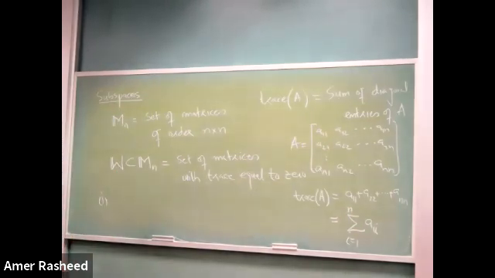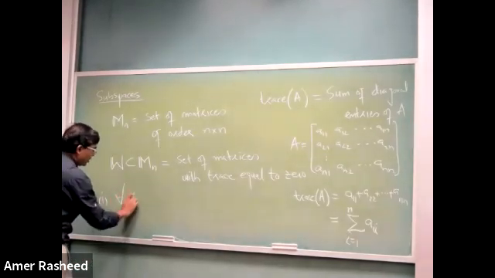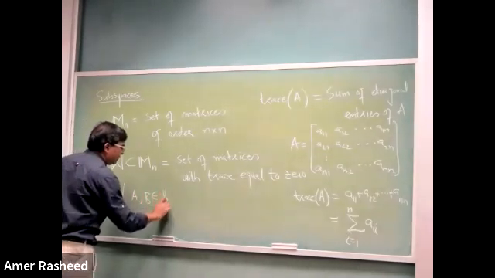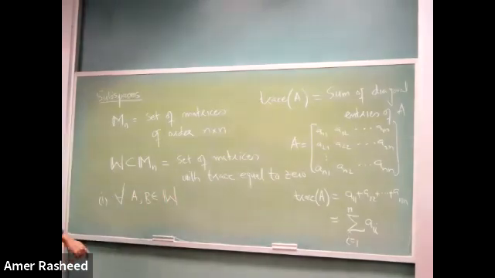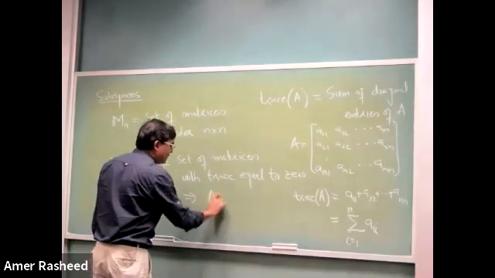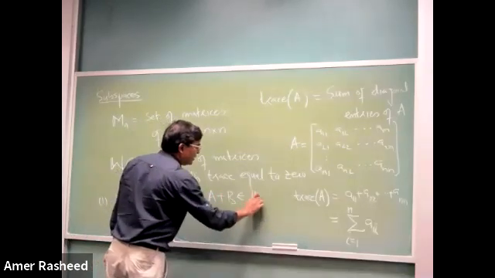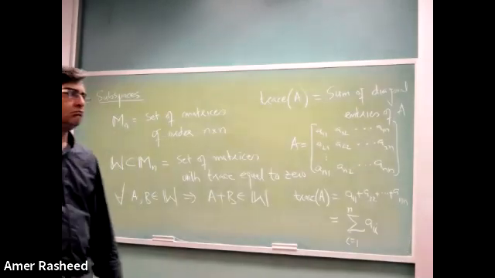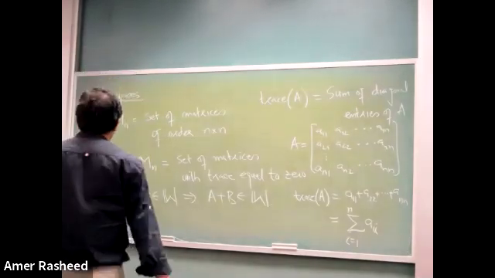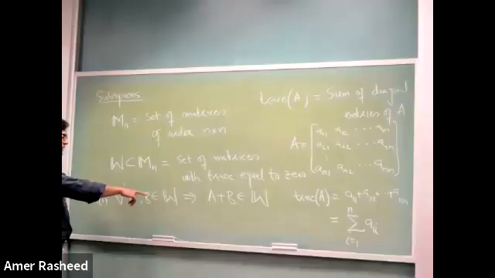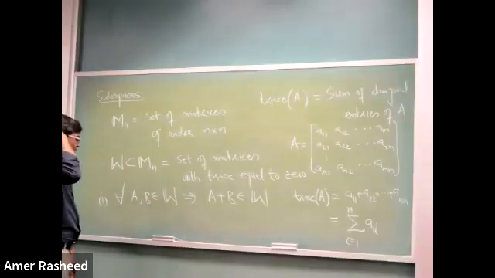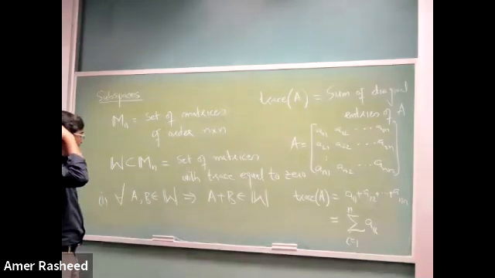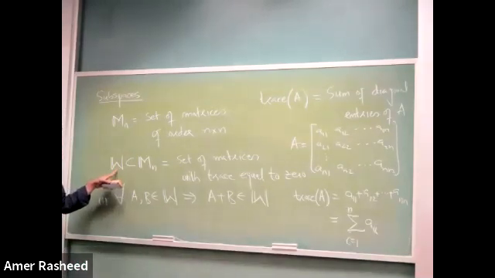For that, we need two matrices: for all A, B belonging to W, we have to prove this implies A plus B belongs to W. We have to prove that the elements of W satisfy closure under addition.